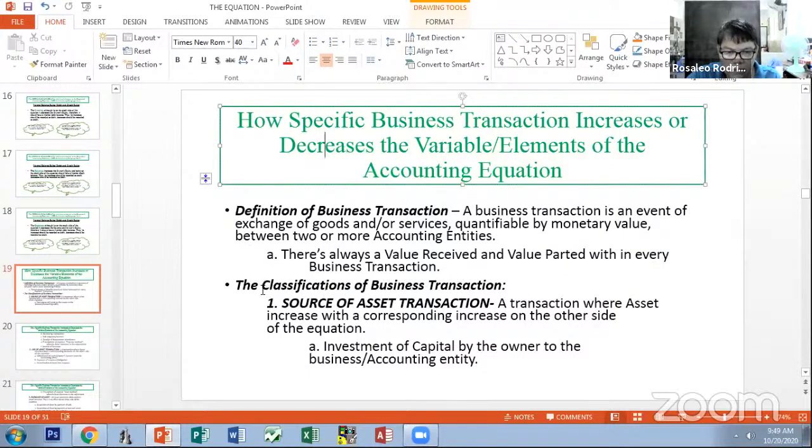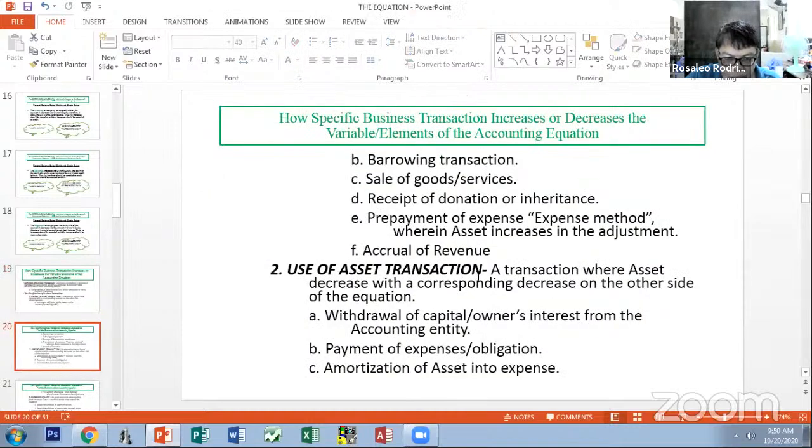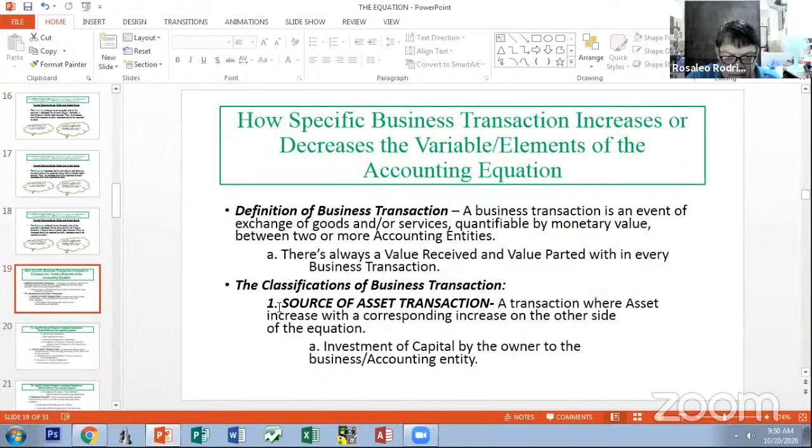Let's now come to the classifications of business transaction. Now there are 4 classifications here: source of asset transaction, use of asset transaction. This is also important because a transaction that is a source of an asset means the asset will increase.